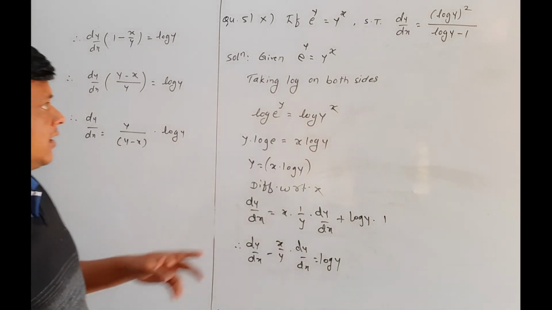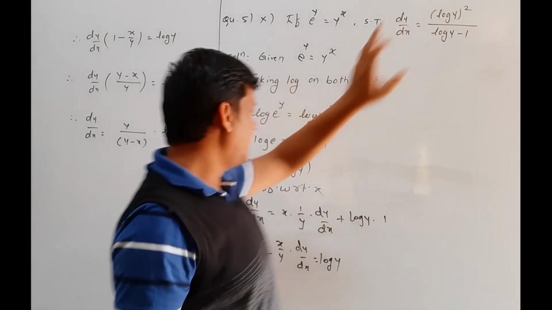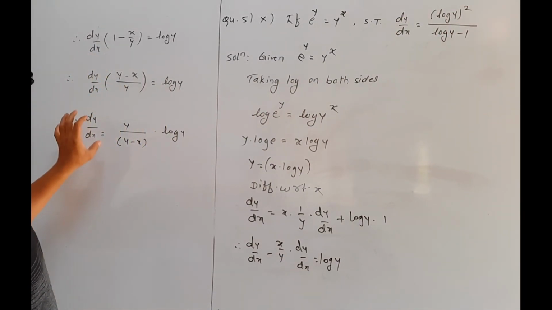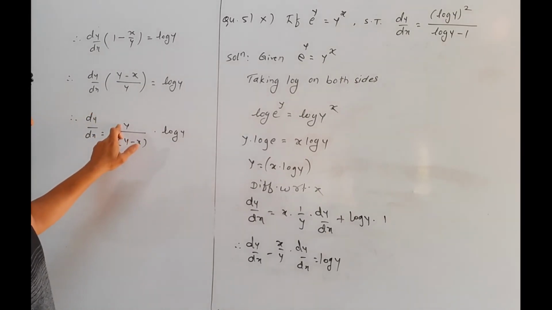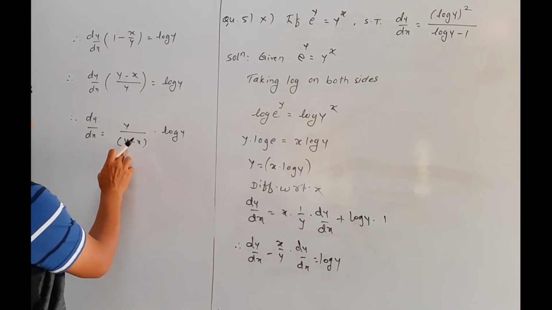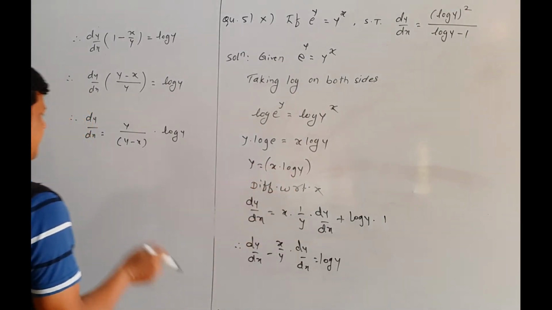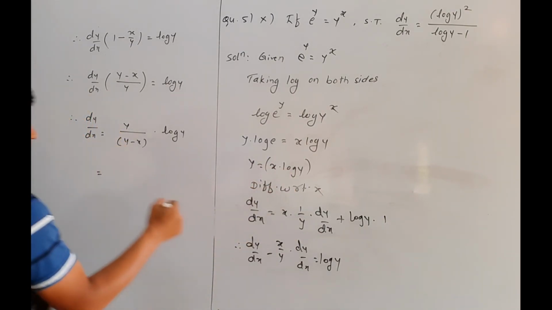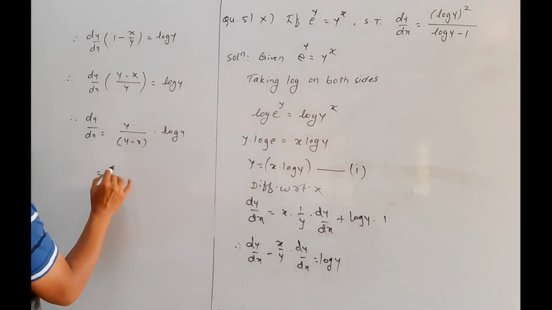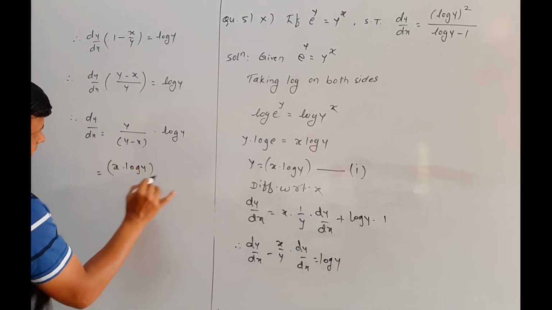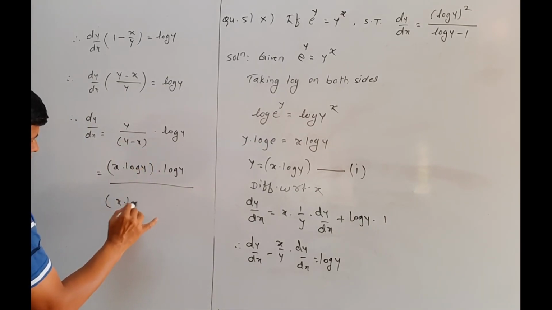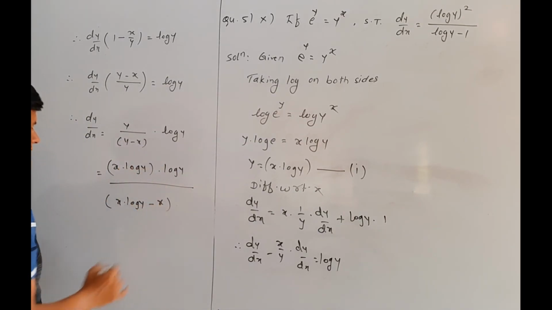Now see, in the numerator we require (log y) squared. That means we require log y there. So we write here this y as x log y. Here also we have to write this y as x log y. So write here this as equation number 1. So we write this y as x log y into log y upon, this y also x log y, minus x as it is.